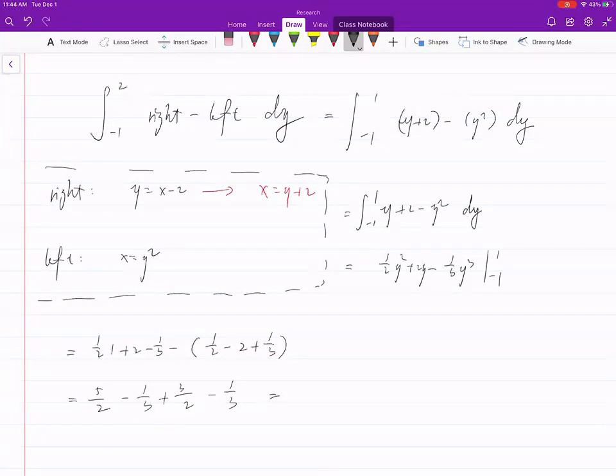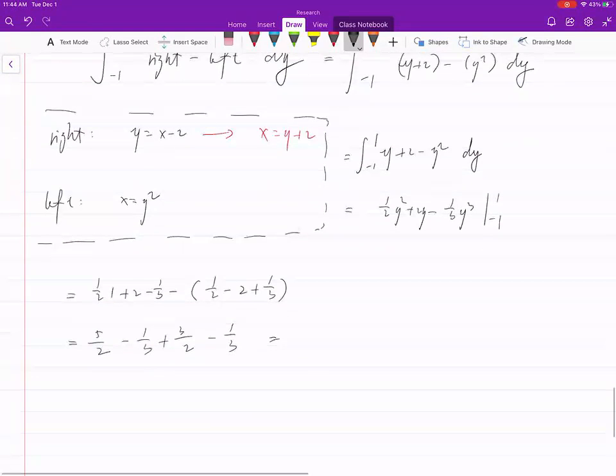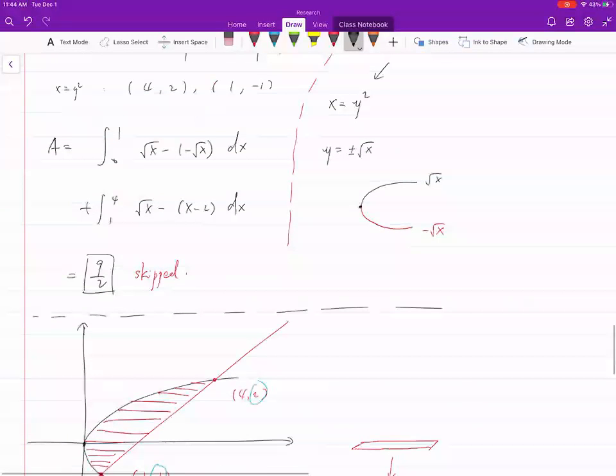So I have 1/2 plus 10, that's minus 1/3. Minus. Plus. Yes, that's right. Which is 4 minus 2/3, which is 12/3. No, 10/3. So I gave you the wrong answer here. It should be 10/3.